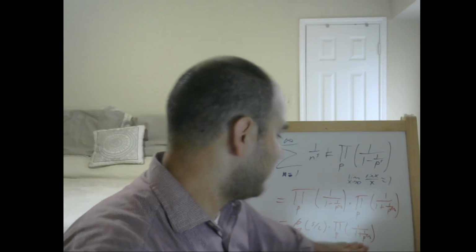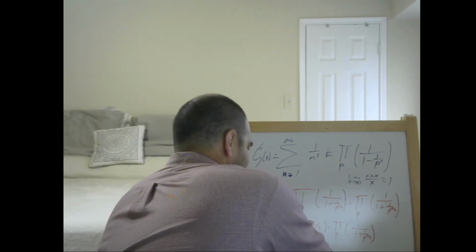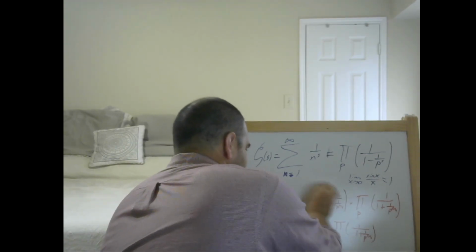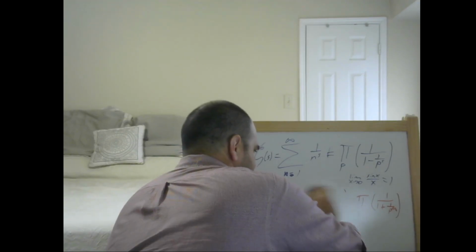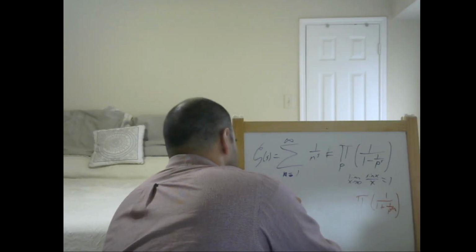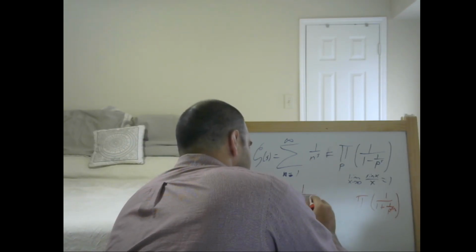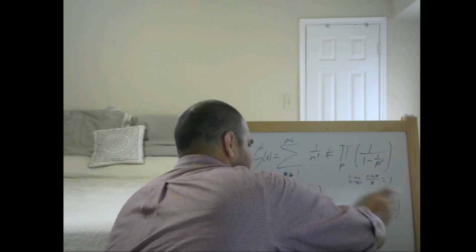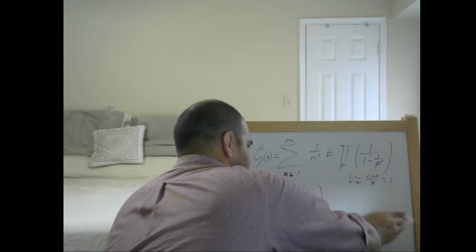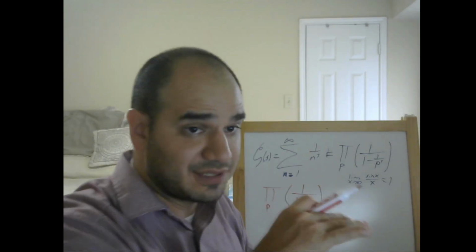Okay, so now this, breaking this down, this would break up into complex conjugate pairs.